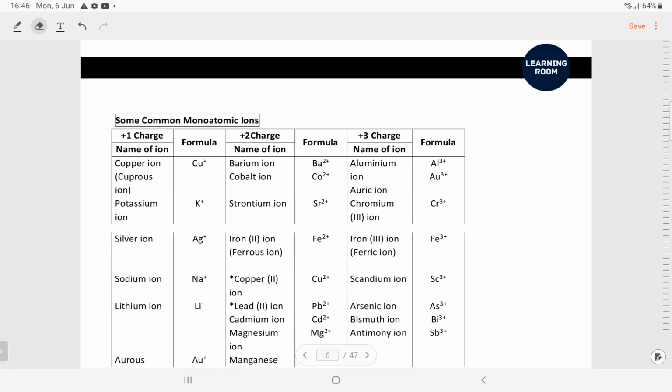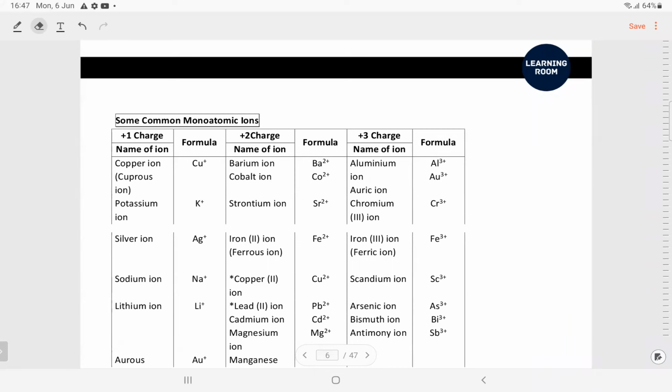Likewise, if it is gaining, how will we represent it? So can you write? Right. For lithium, it is plus.